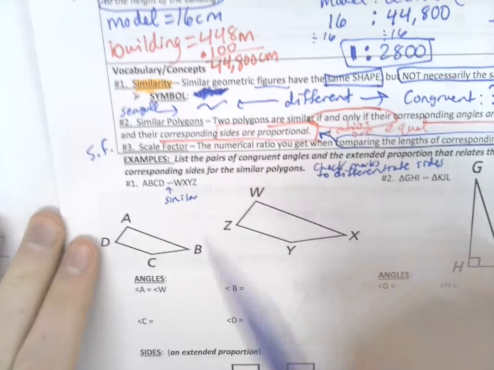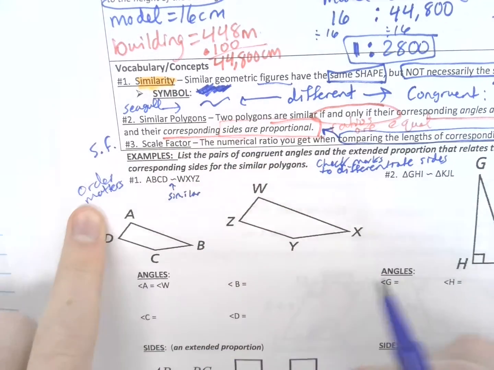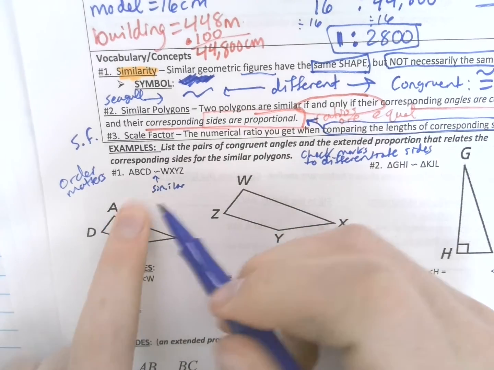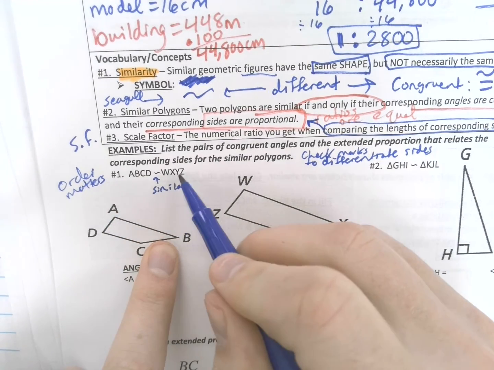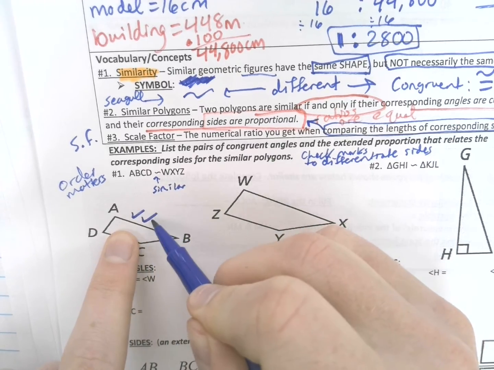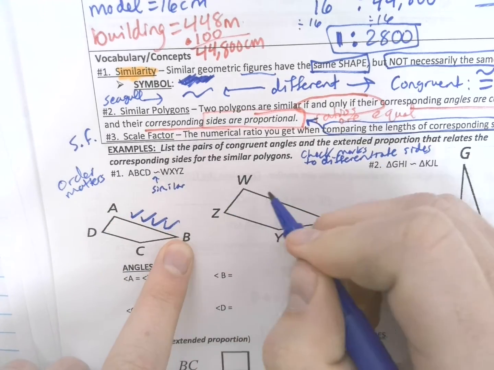And I want to remind you guys, order matters. Order absolutely matters here. So, for example, A to B corresponds to W to X. A to B looks like our longest side, so I'm going to put 4 check marks there, and it goes with W to X.